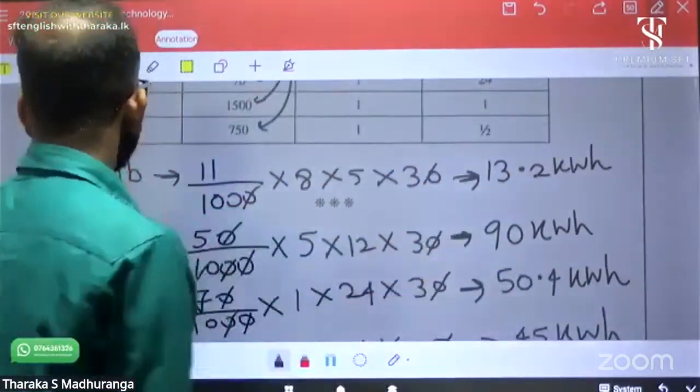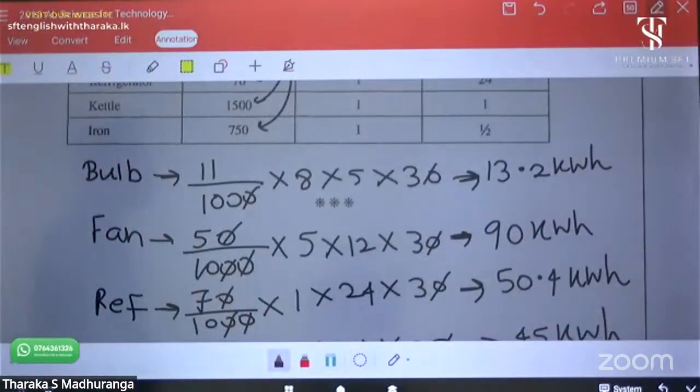Iron: 750 over 1,000 into 1 into half into 30.